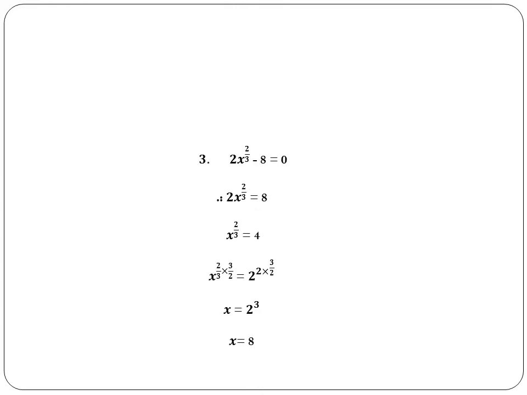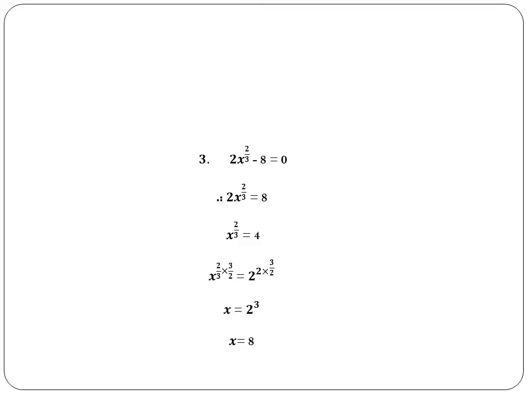Another example. If we have 2x to the power 2 divided by 3 minus 8 is equal to 0, we are going to have 2x to the power 2 divided by 3 is equal to 8.